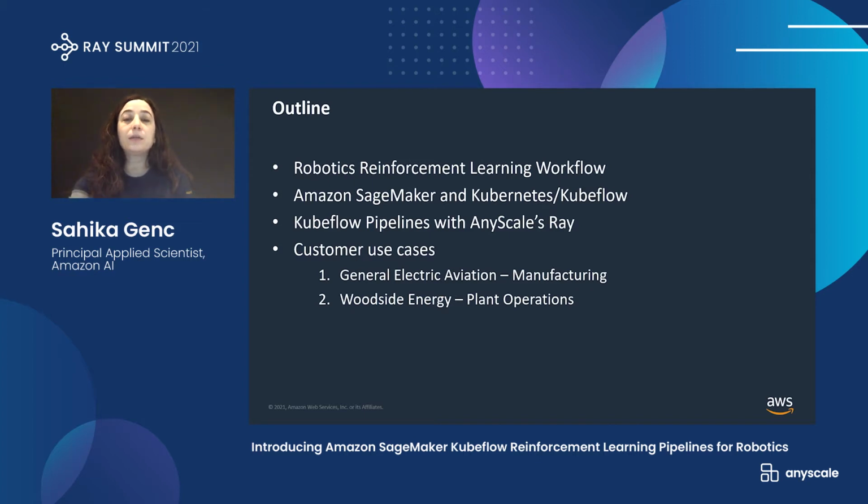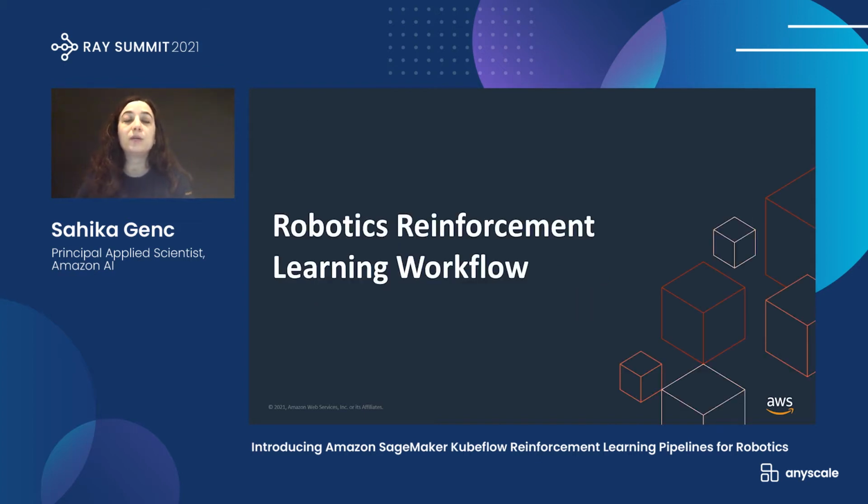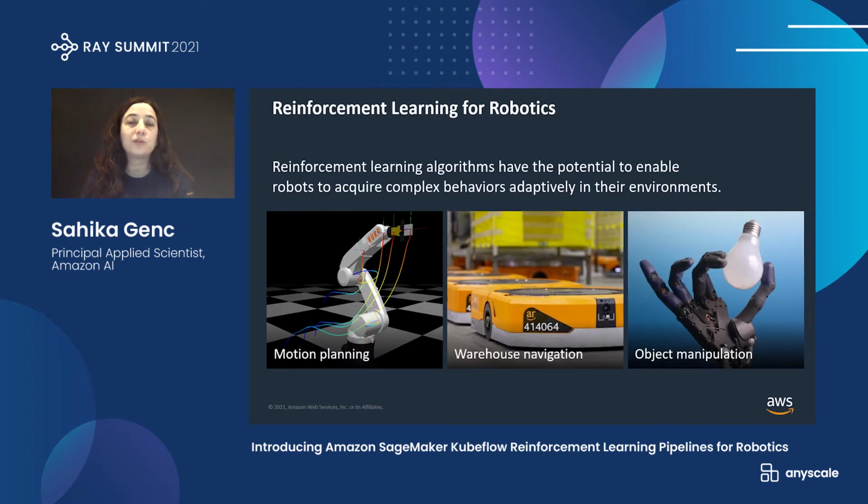Let's take a look at the robotics reinforcement learning workflow. Reinforcement learning has been around since the 1980s. However, over the last decade or so, its application to robotics has become ubiquitous. And this has applications from motion planning to manipulators and to warehouse navigation.